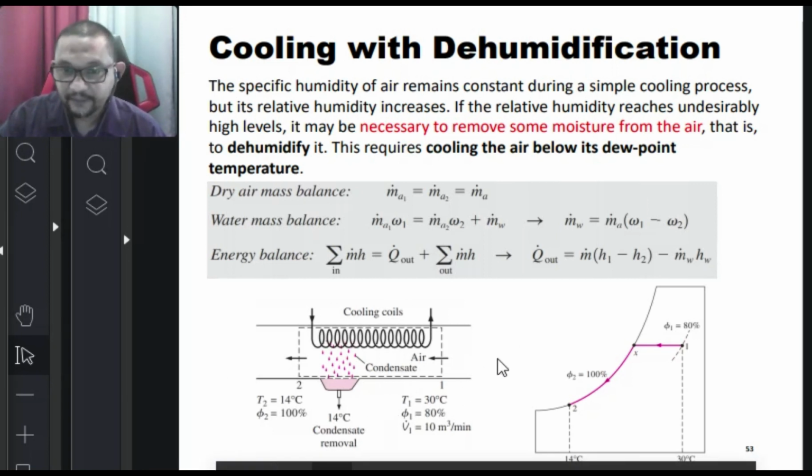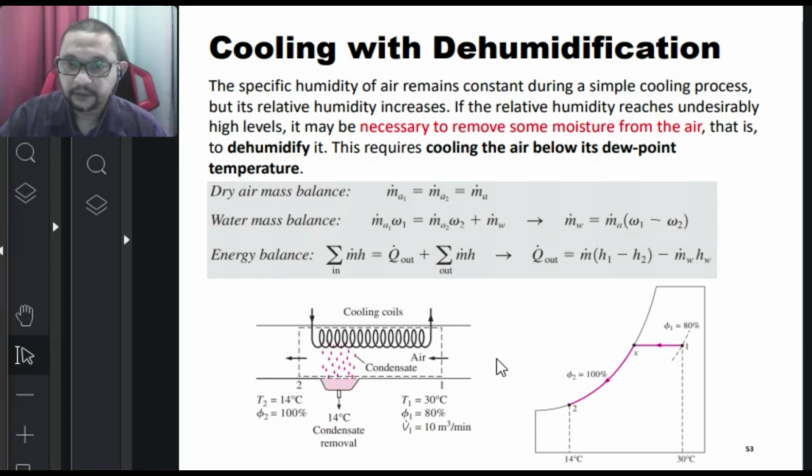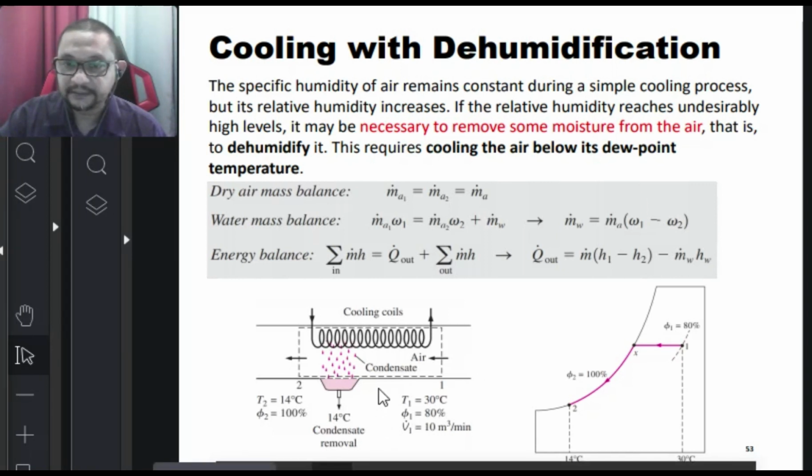So this is the schematic diagram of this process. As you see here, the water, the condensate, can be removed.